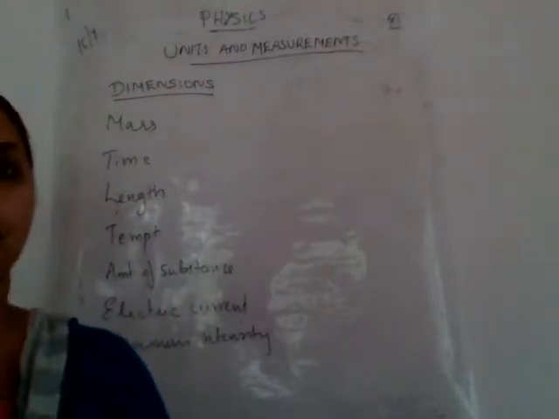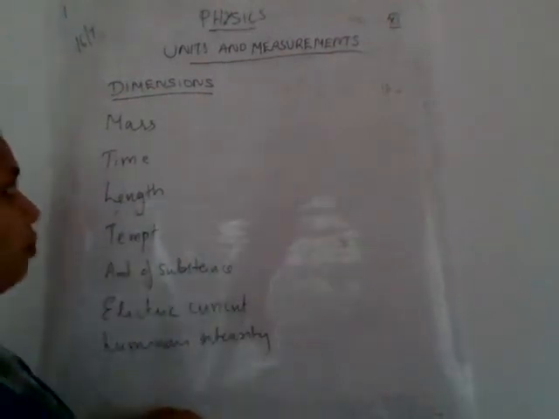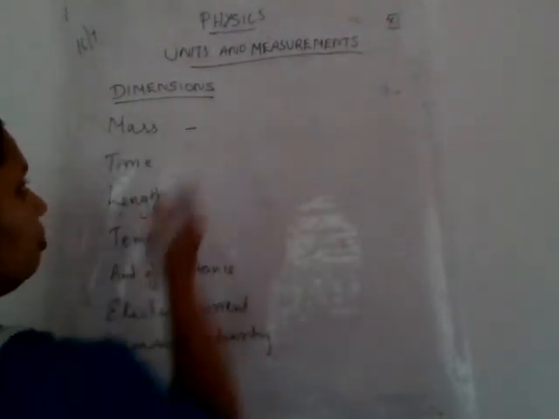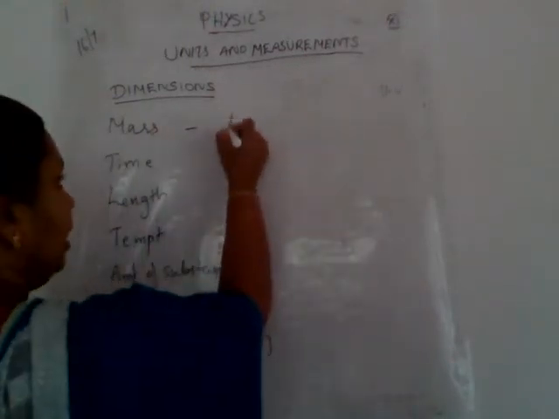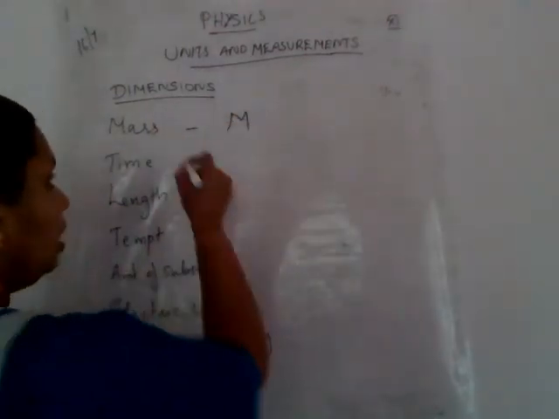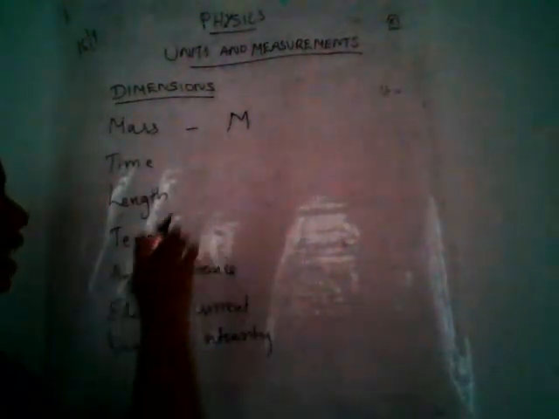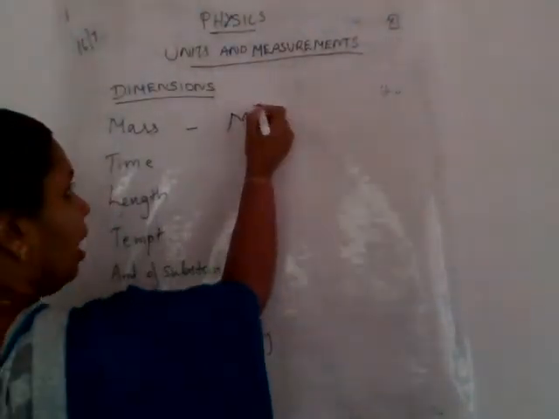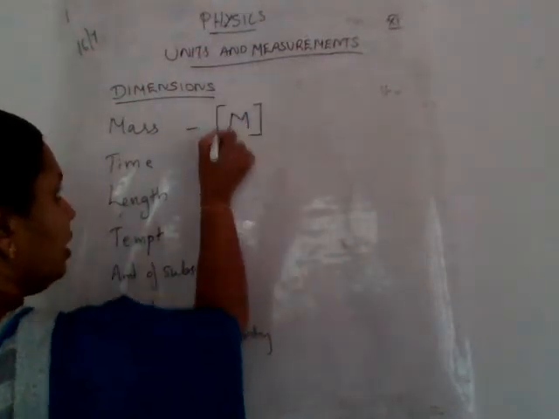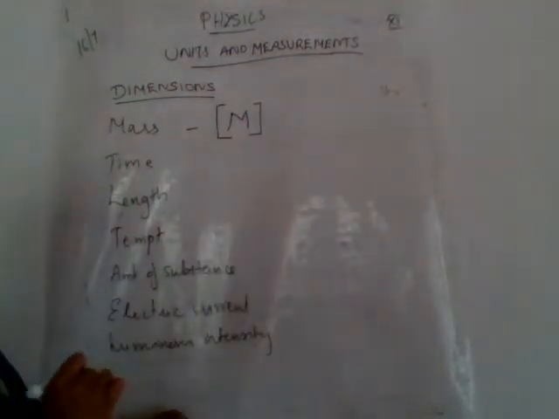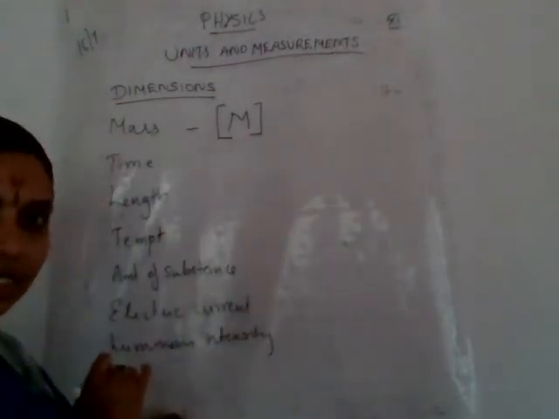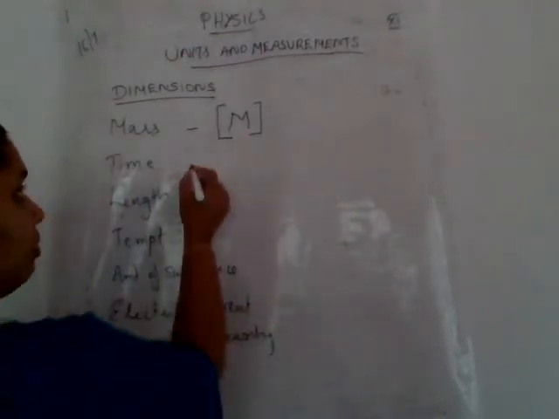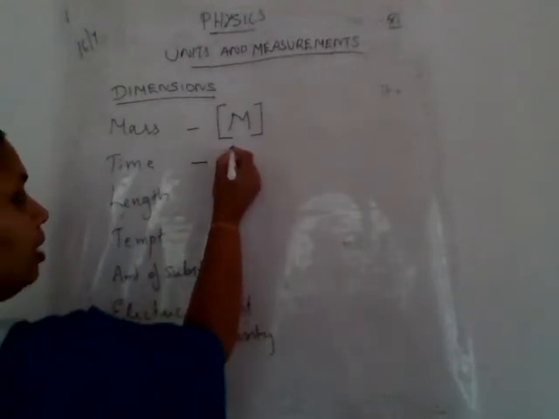First we can write for mass. The dimension of mass is represented by capital M. To represent the dimension we use capital letters, and this capital M is written inside a square bracket. This is the dimension of mass. What will be the dimension of time?